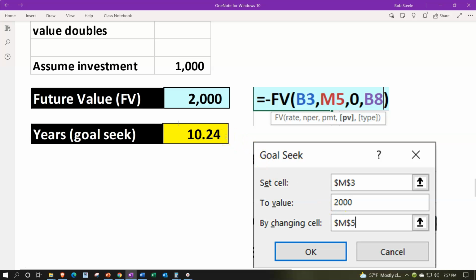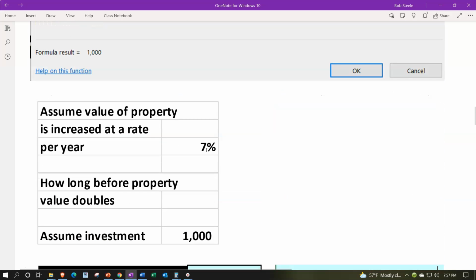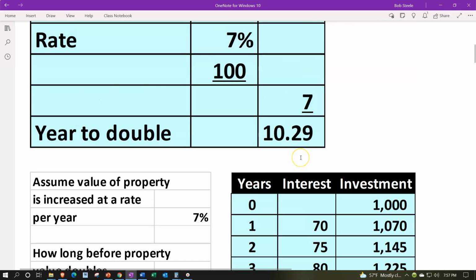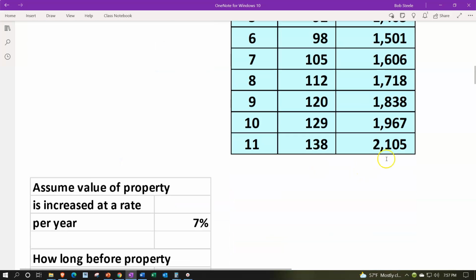And then Excel would just use its trial and error kind of format to figure once again to that 10.24. So notice you can find that 10.24 using kind of the rule of 72, although that's not exact. You'll remember if we get up to the rule of 72, it gave us the 10.29. So the rule of 72 is an estimate. This is an estimate right here, although we could make it more exact as well.